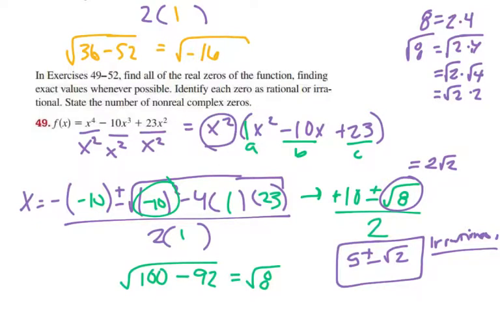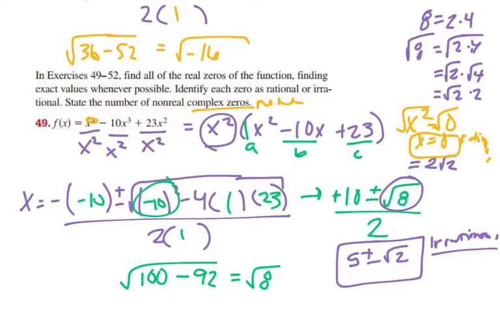When does x squared equal 0? x squared equals 0 if we have an x of 0. And so x of 0 is rational. Let's see, there were 2 of those and 2 of those, and it's a 4th power. So that means that there are not any complex zeros.